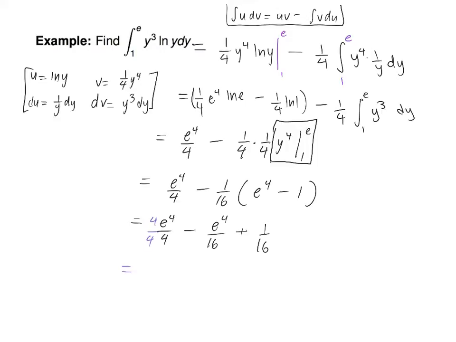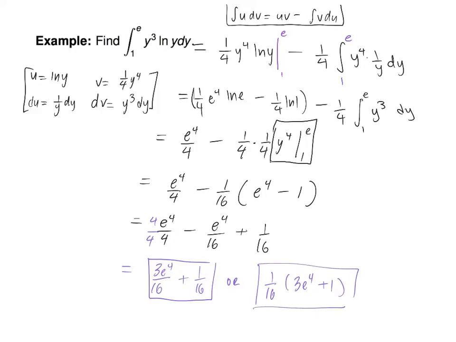So I think that would be 3 e to the 4th over 16 plus a 16th. Or you could say 1/16 times 3 e to the 4th plus 1. Both are fine. I'm not going to require one over the other.